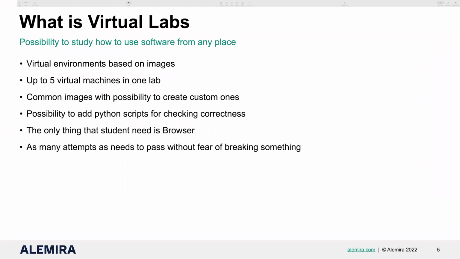For them, it's important, for example, to test that a learner has to resolve tasks related to maybe opening some ports for communicating one virtual machine with another, or for example blocking it. That's why we also provide an opportunity to have multiple virtual machines inside one lab.